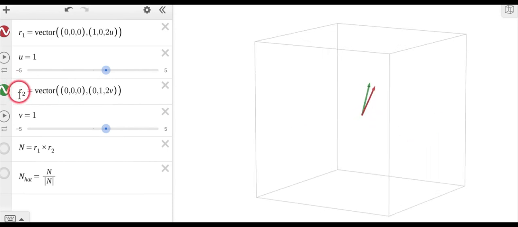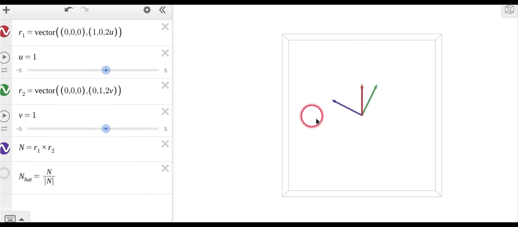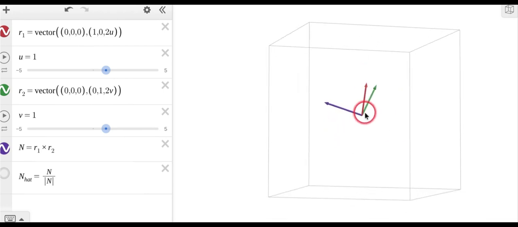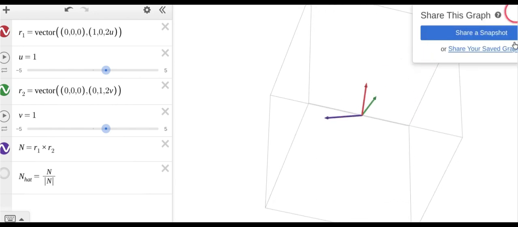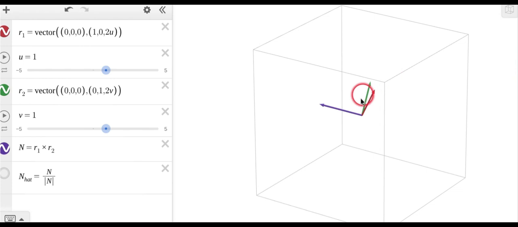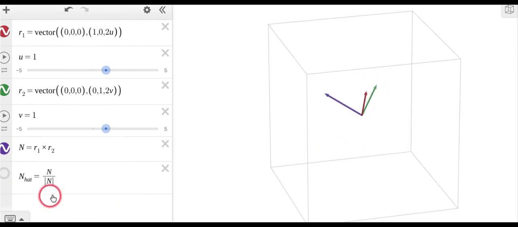Now if we take the cross product of those, we find the normal to that plane that passes through those two vectors. Do you see that? And the magnitude of this is equal to the area of this parallelogram that these two form. And that's not important to us.